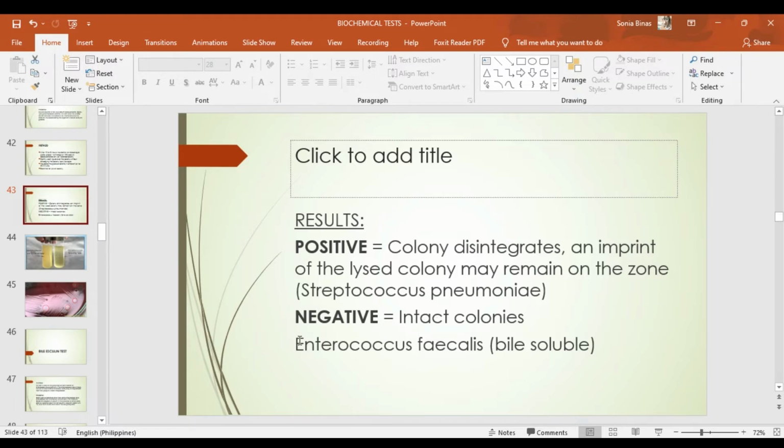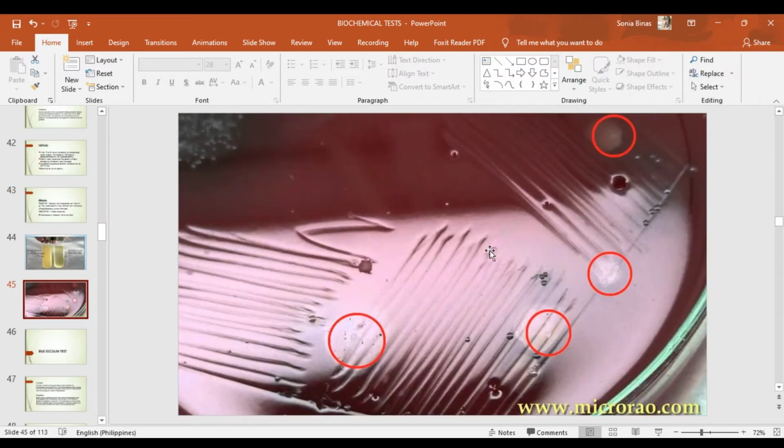Ito ay ang ating Enterococcus faecalis. So, makikita niyo yung may mga bilog po, wala na siyang colony. Bakit? Kasi nag-lyse na siya after dropping our 10% sodium desoxycholate. Tapos, in-incubate natin, mawawala yung colony.